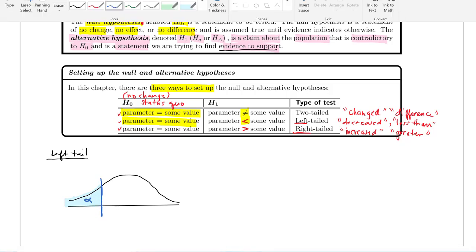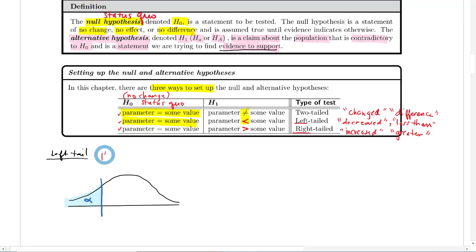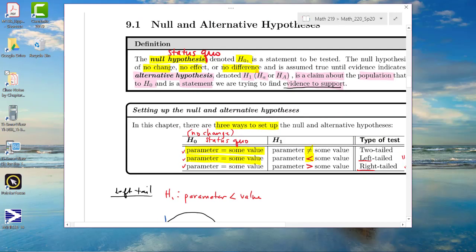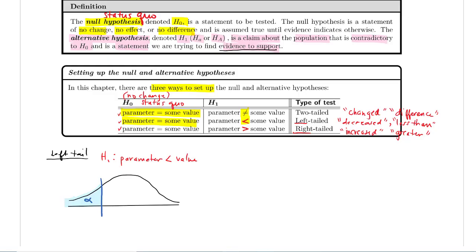And we remember that a left-tailed alternative means that some parameter is less than some value, and that's usually given to us. The next scenario is right tail.